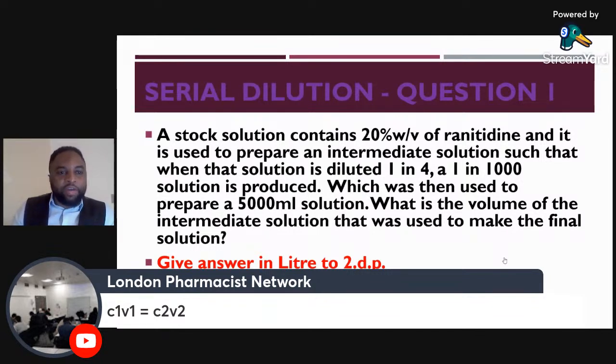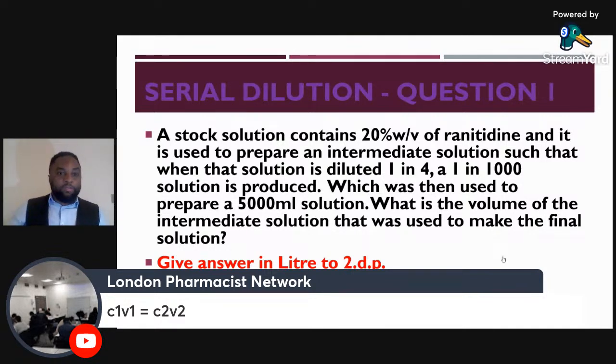What does dilution factor actually mean, and how do we spot it in a question? Normally, if we have 25 ml of a solution and I want to do a 1 in 4 dilution, it means I add 4 parts to that 25 ml.